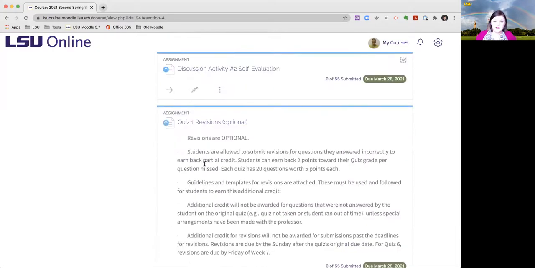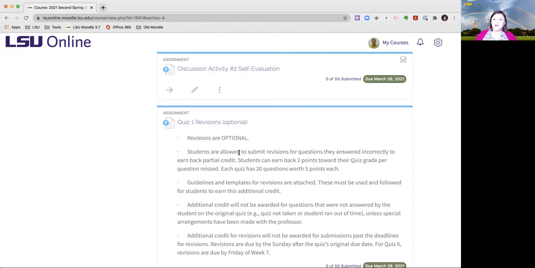The revisions are optional. For revisions, you have an opportunity to earn 2 of the 5 points back from the original quiz. So if you got 3 wrong, that means that you would have gotten 15 points off of your original test.